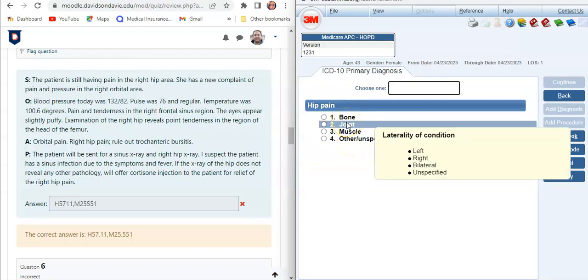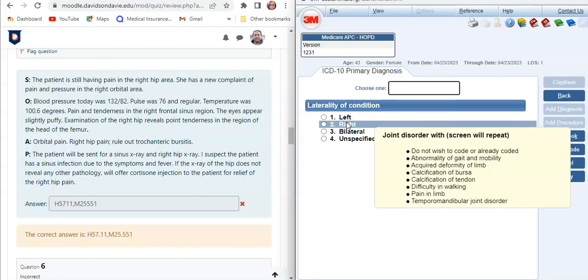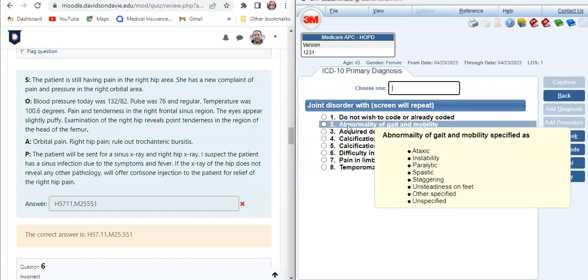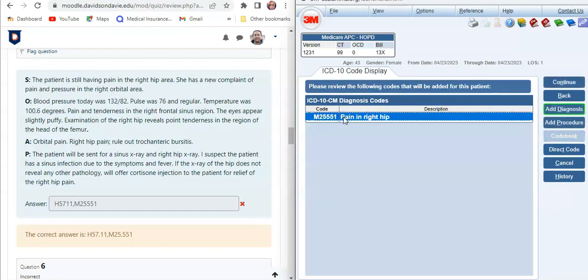Let's see. Well, that is the joint. And it is the right. Oops. There we go. Don't want to code anything else. Now, it says right hip pain. Perfect. M25.551. Remember your point.